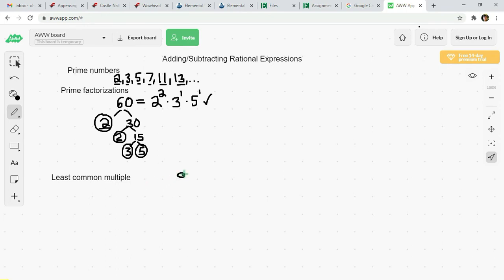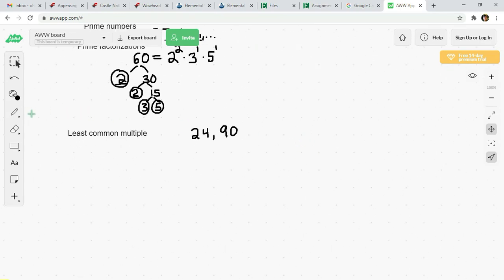Let's use 24. I want them to be kind of random. 24 and say 90. Somewhat big, somewhat random. Well, the first thing we'll do is we'll find those prime factorizations for each number.